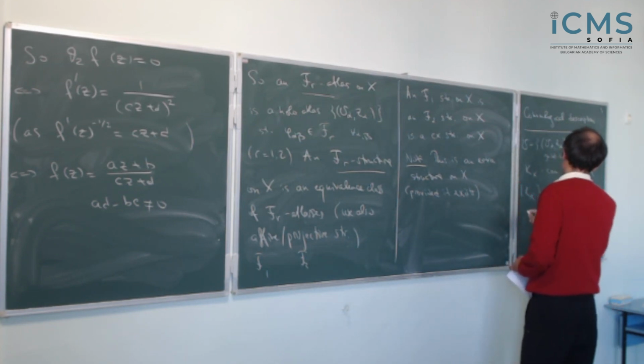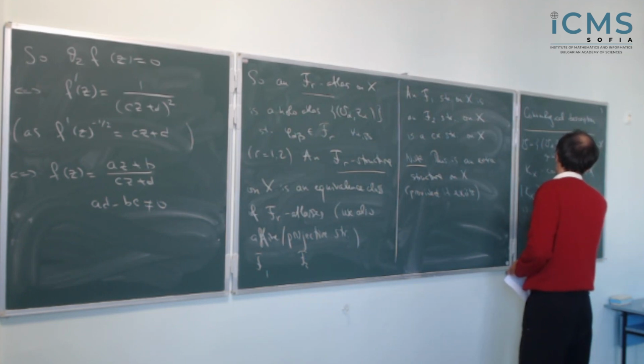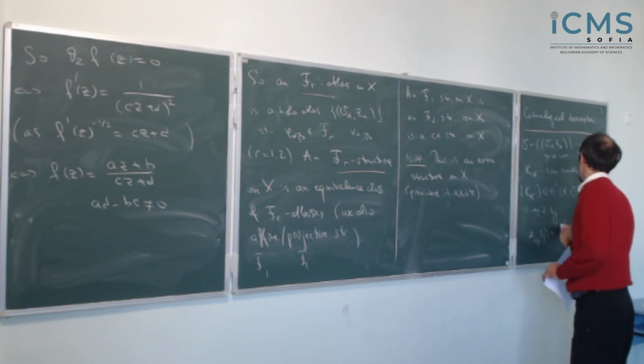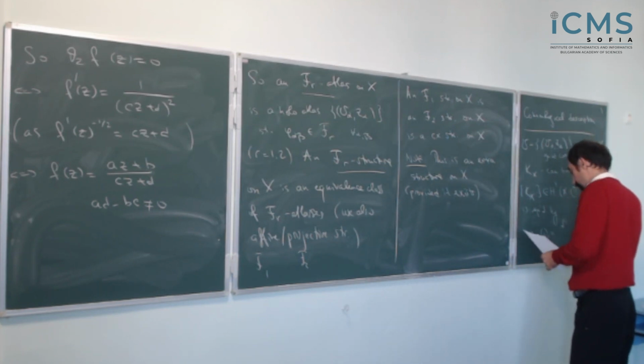So this class is represented by kappa alpha beta, at the point, dz_beta over dz_alpha.